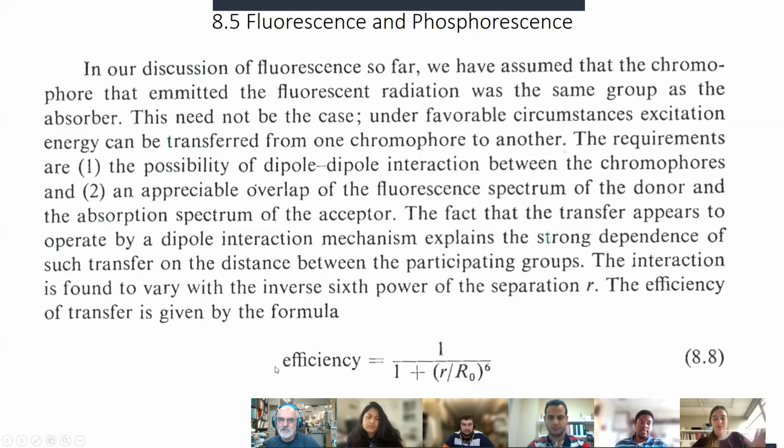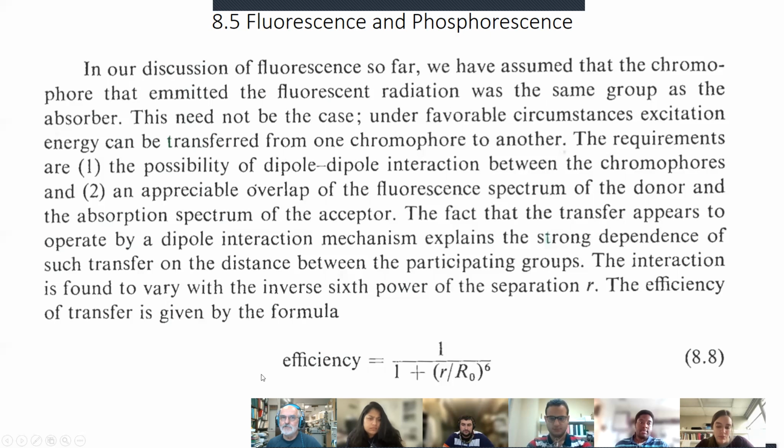The efficiency of that goes as 1 over the distance to the 6th power, okay? Another way of saying that is how efficiently this occurs tells you how far apart tryptophan and tyrosine are in the molecule. So the dipole-dipole interaction depends upon the distance between the groups, and that means that this inverse 6th power separation is a ruler.